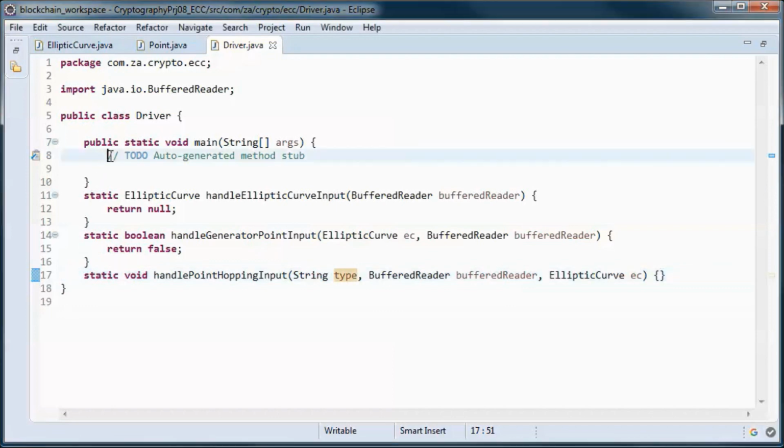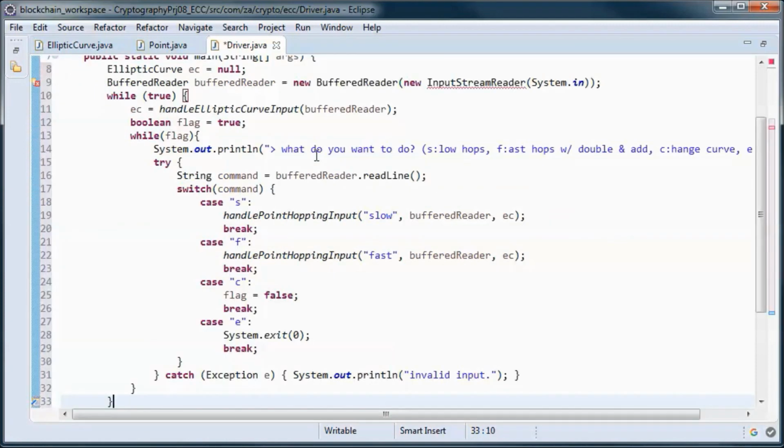And we end up calling those methods from here.